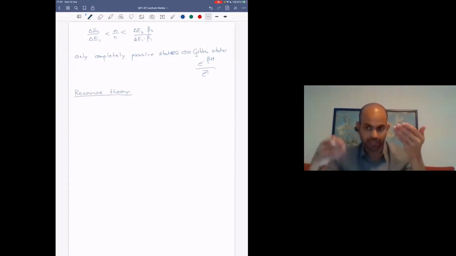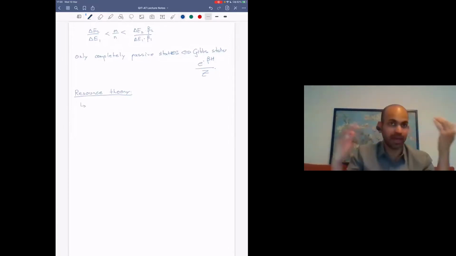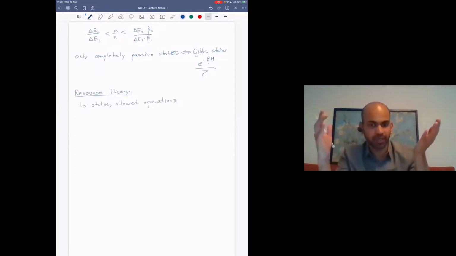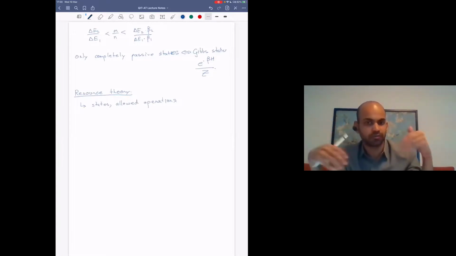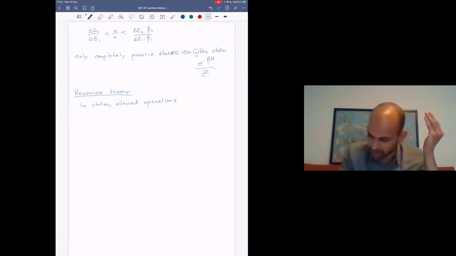A resource theory, especially one in thermodynamics, is a paradigm where you have states and allowed operations. You have a set of states that you can do something with, and a set of operations that you're allowed to perform on the states for free, so operations that you do not have to pay anything to do.